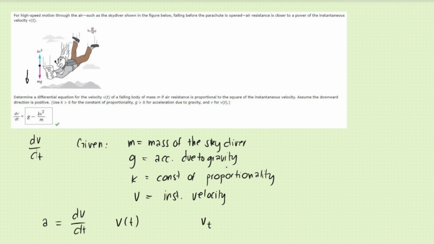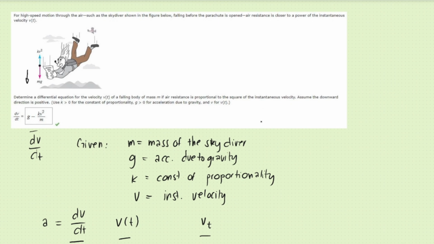That means the forces acting on the body are equal. I'll talk about that later. I'm going to solve first for dv over dt, and next for v of t using this equation. We're also going to express v of t in terms of terminal velocity.